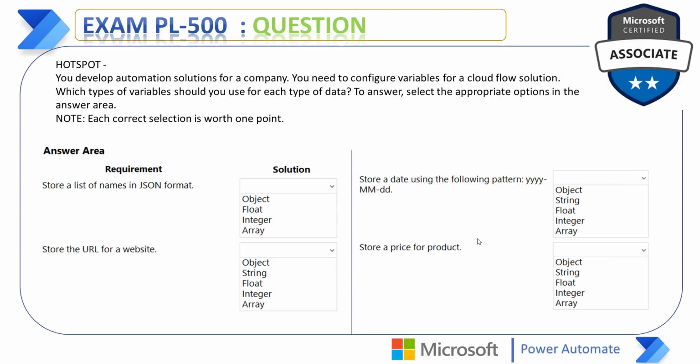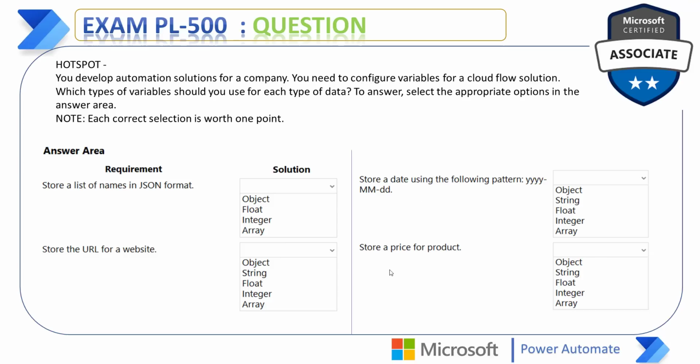So in this case, I have the pattern in string format: YYYY, then MM, and DD. In this case, I'm going to use string, where I'm going to give the values in quotes. All right, so I'm going to use string as the data type over here for this requirement.